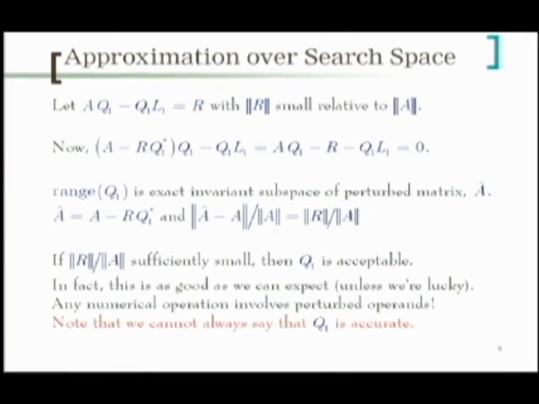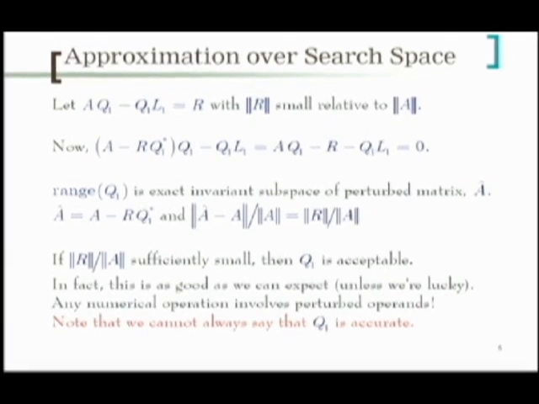If I rewrite A as A minus R times Q1 star, and Q1 has orthonormal columns, the norm of this thing is 1. So the perturbation that I'm introducing here has norm R. For this matrix, my Q1 L1 eigenpair, or block eigenpair, is exact.